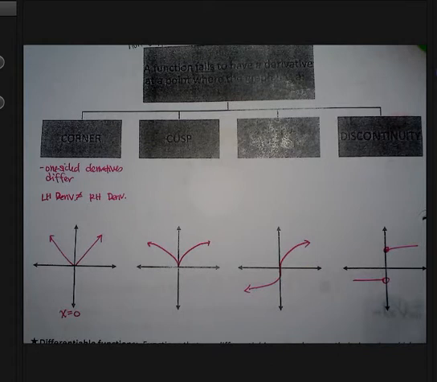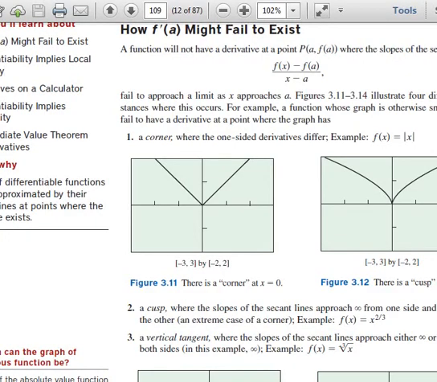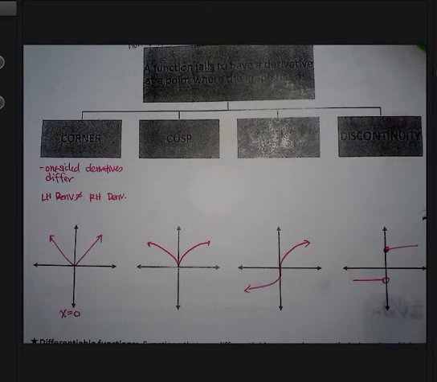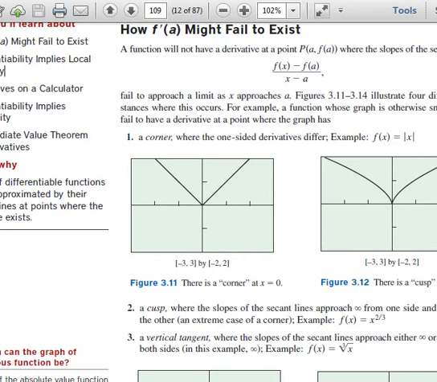What about a cusp? Why does the cusp fail? By the way, this is the function y equals absolute value of x. This is y equals, one example is x to the 2/3, okay?